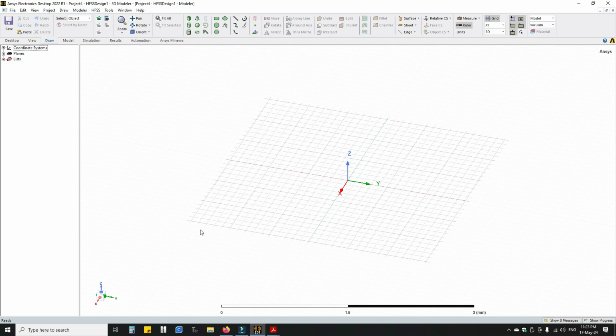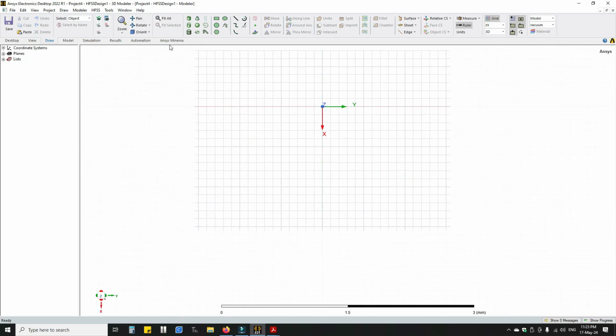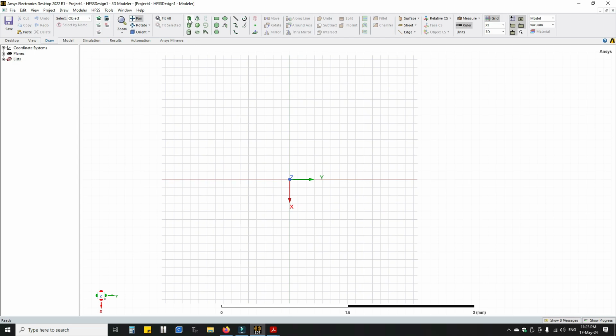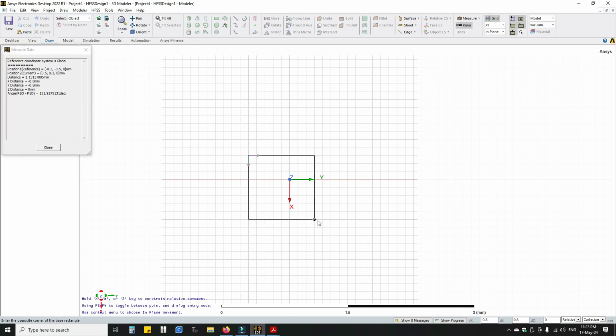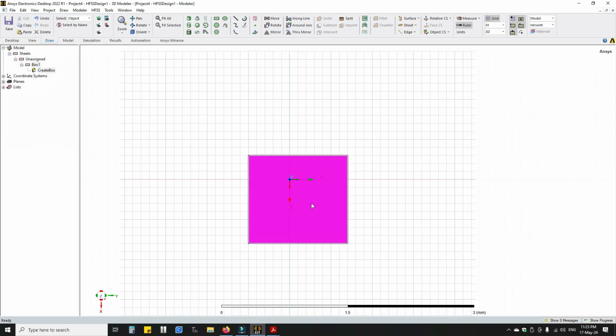There are probably two ways to design an antenna. One is that you can place the antenna something like this, with the origin at the middle.